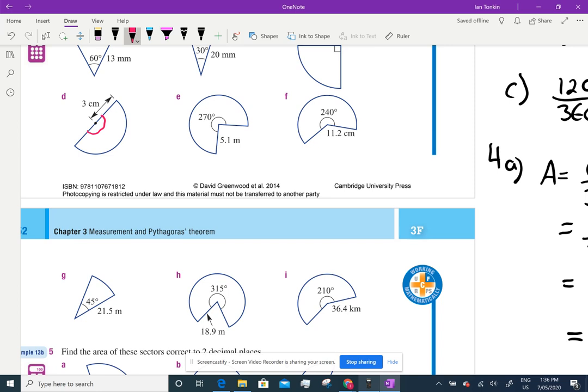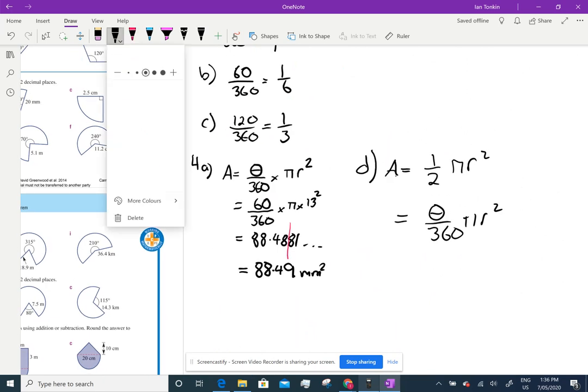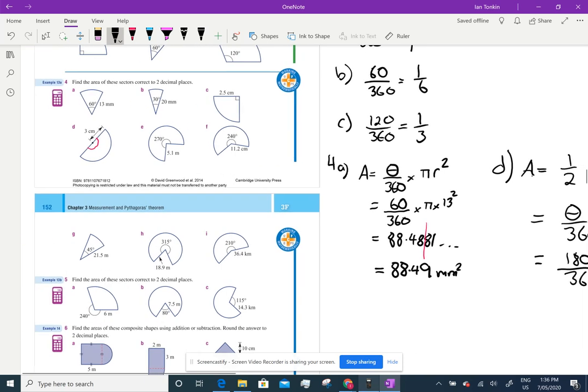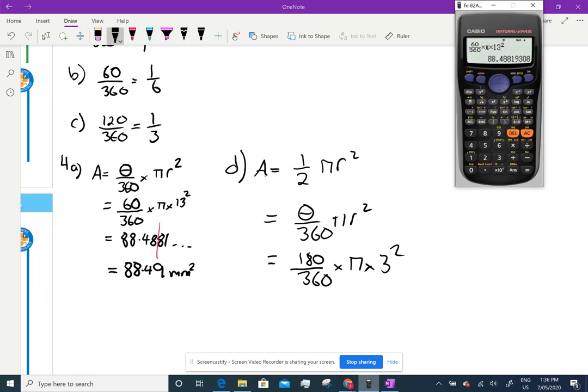And you should know it's a straight line, so it's 180. So you can do a half, and you'll get the same answer, or you can do 180 over 360, which is a half, times pi. Now what's the radius? 3. 3 squared.